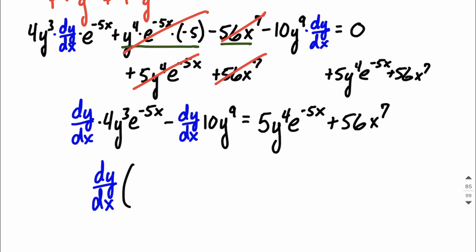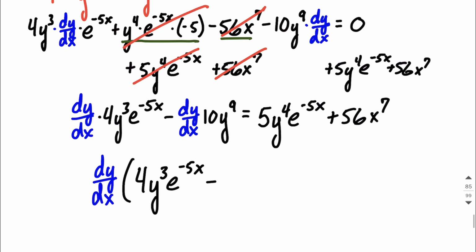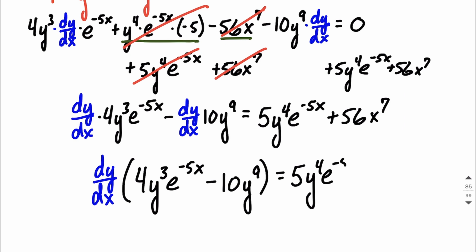So if we factor it out, we're going to be left with 4y to the 3rd, e to the negative 5x, minus, again, the dy dx comes out, 10y to the 9th, and bring down the right-hand side. Okay, so just copying down these terms from the right-hand side. Not much work going on, just bringing them along.